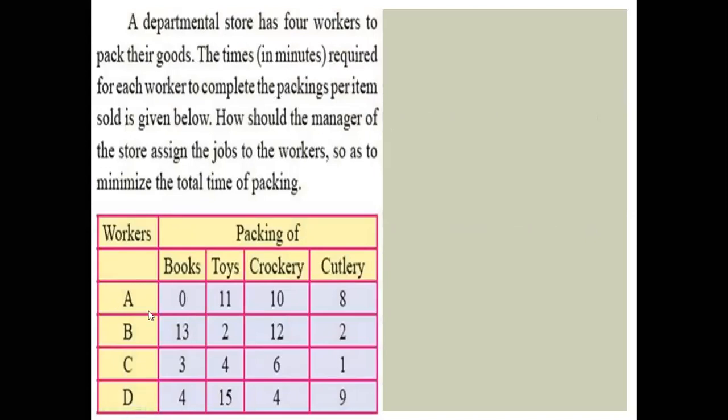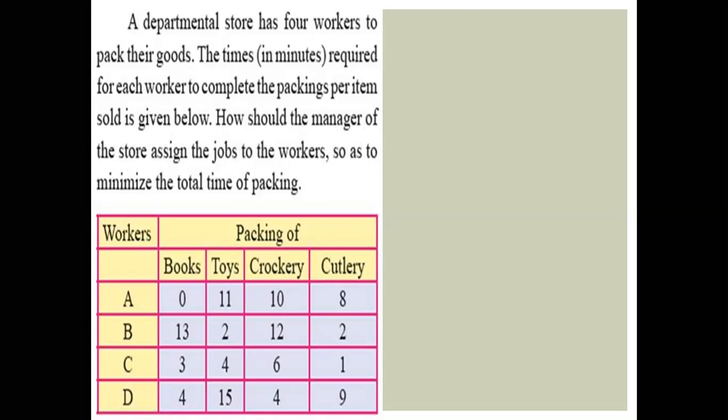Moving forward with the same sum. As I told you class, the first number here is not 0 but 3. So how to solve the sum? Applying the same conditions here, you can see there are 4 rows of workers, that is A, B, C and D, and 4 columns of packing items, that is books, toys, crockery and cutlery. So my first condition is satisfied, that is the rows are equal to the columns.